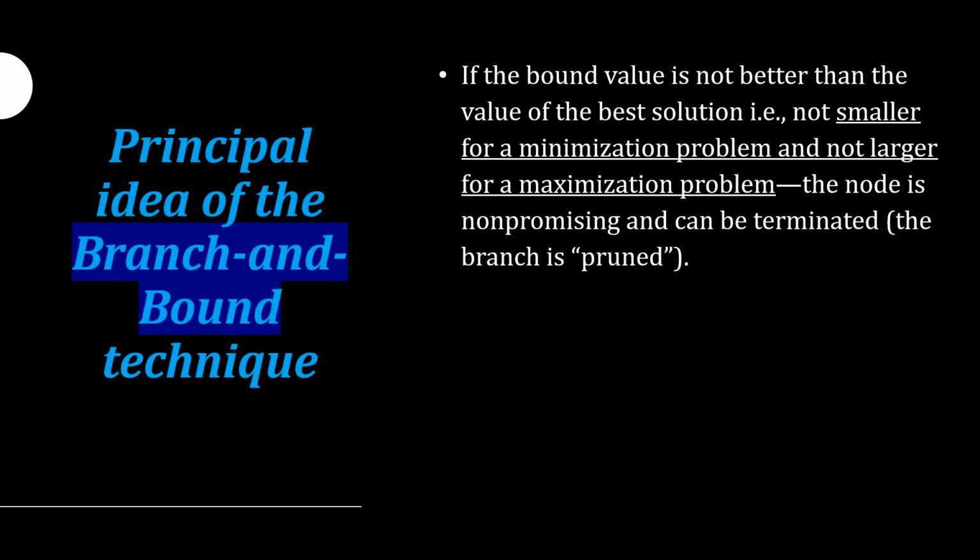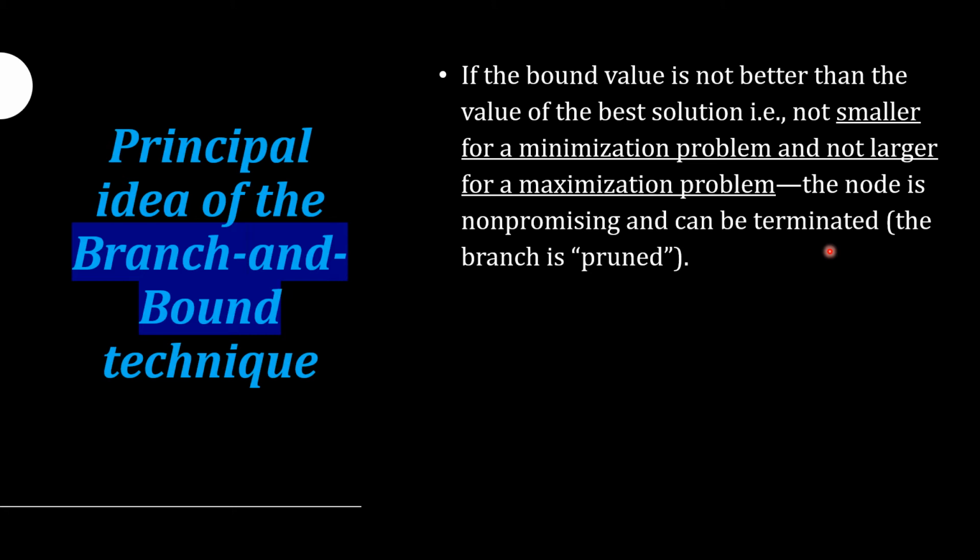So the principal idea of the branch and bound technique is: if the bound value is not better than the value of the best solution, that is, not smaller for a minimization problem and not larger for a maximization problem, the node is non-promising and can be terminated. Suppose you find a result at some level, that means a node is present at that level.